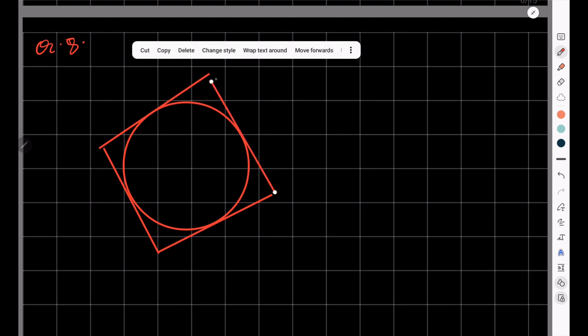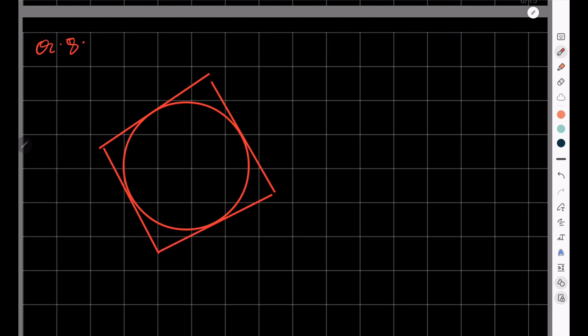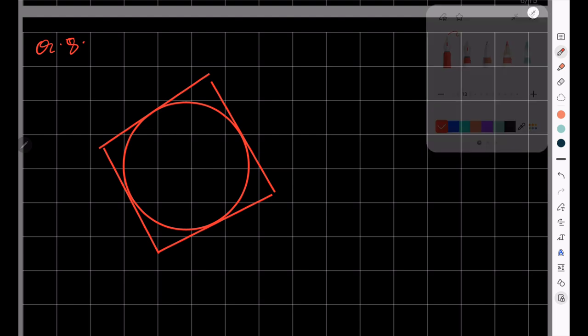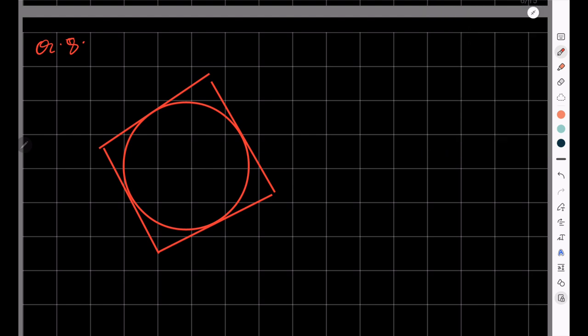I think it is a little bit difficult to draw, but let us assume that this quadrilateral, let me just name it here first, because it's telling ABCD. Okay, this is A, this is B, C, D. So ABCD is a quadrilateral which circumscribes.